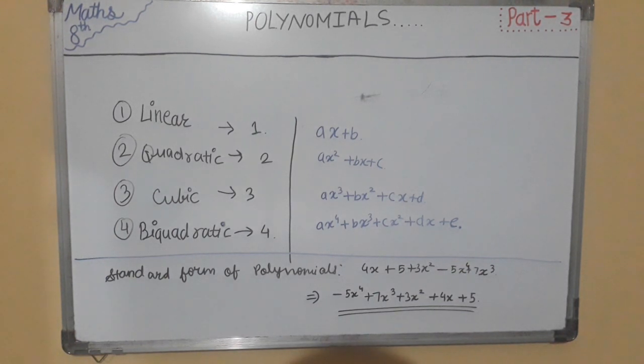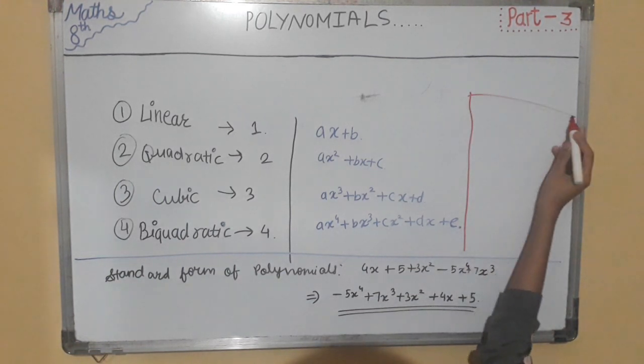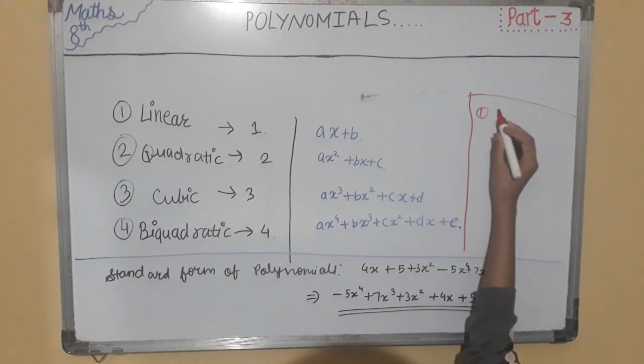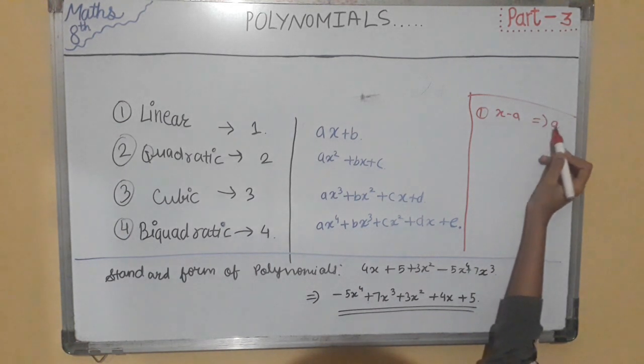In general, the number x equal to a is called the zero or root of a polynomial. And the zeros of some polynomials are, for example, first x minus a, the zero of the polynomial is a.